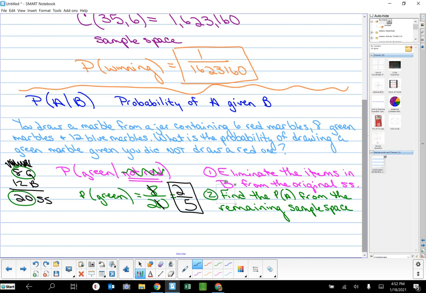Now, note that these are only eliminated because of the wording here, not. If this is not a negative, then you're limiting your sample space to those items. Okay? So let's add this little note in here.